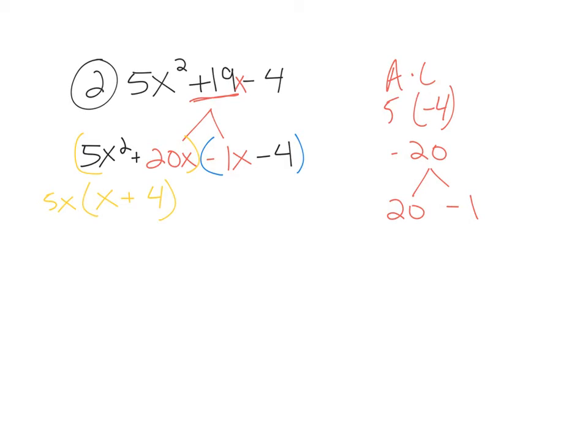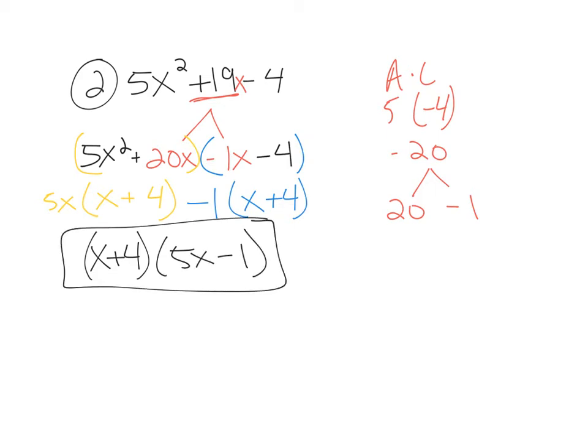Now, one main thing that I want us to make sure we're always thinking about is if this term is negative, what I just highlighted in blue, then we need to pull out a negative value. So in this case, we pull out a negative 1, and we have an x plus 4 remaining. If you pull out a negative, you switch the signs around. Now looking at this, we have x plus 4 and 5x minus 1, and that is your final answer.